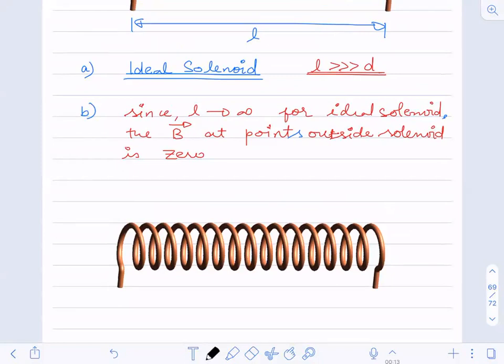So this is the magnetic field due to a solenoid at the points inside it.